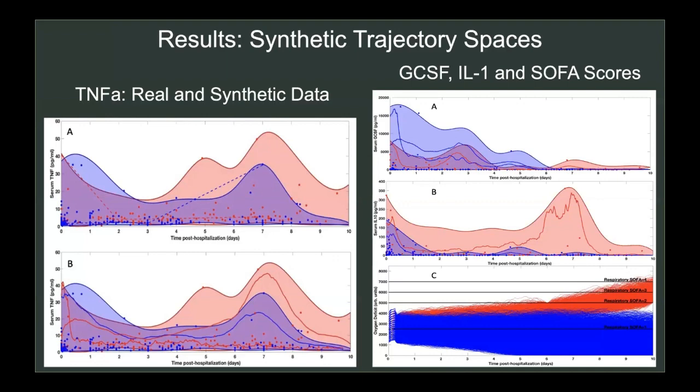The dashed lines in panel A on the left represent real time series collections. And then the colored spaces represent trajectory spaces generated by that ensemble of models, given the sufficiency criteria of being able to meet the data of that particular type.